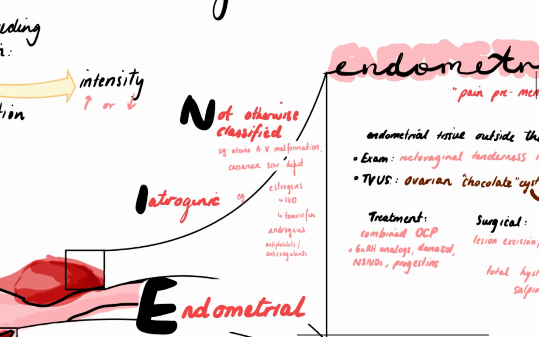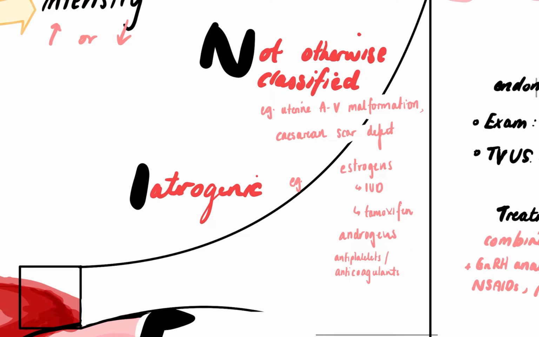Finally, we have iatrogenic causes of abnormal uterine bleeding, which are caused by treatments.